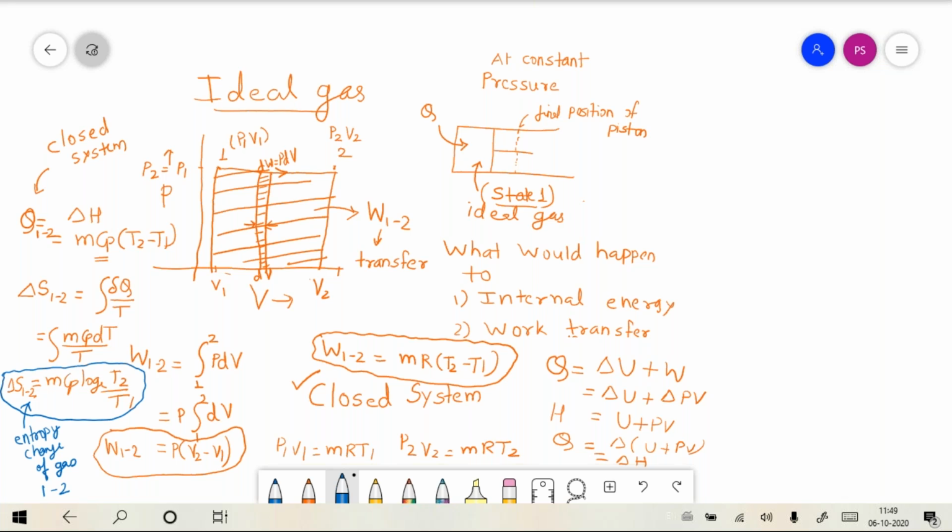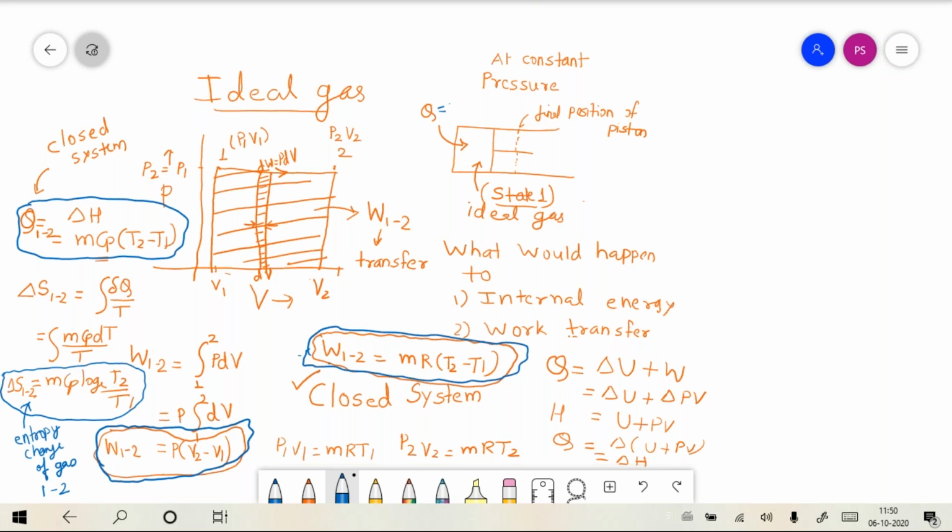This other expression which I have written here is the expression for the gas work transfer from the system to the surroundings when it expands from volume V1 to volume V2 at constant pressure, for a closed system. And this expression, Q equal to delta H, that is mCp (T2 minus T1), is the expression for the heat transfer.